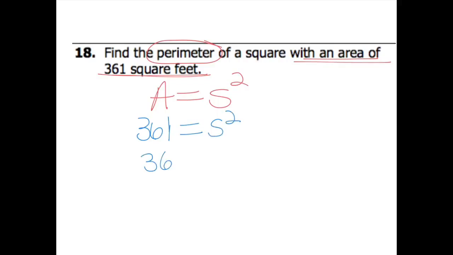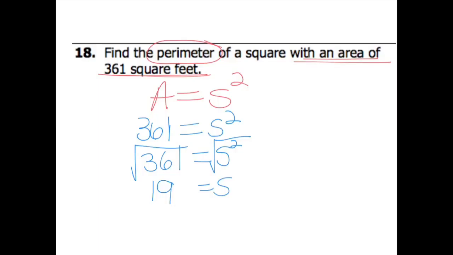In order to solve, because we don't want side to the second power, we want side to the first power, we're going to take the square root. We're going to use the square root key on the calculator. The square root of s squared is s, and the square root of 361 is 19.